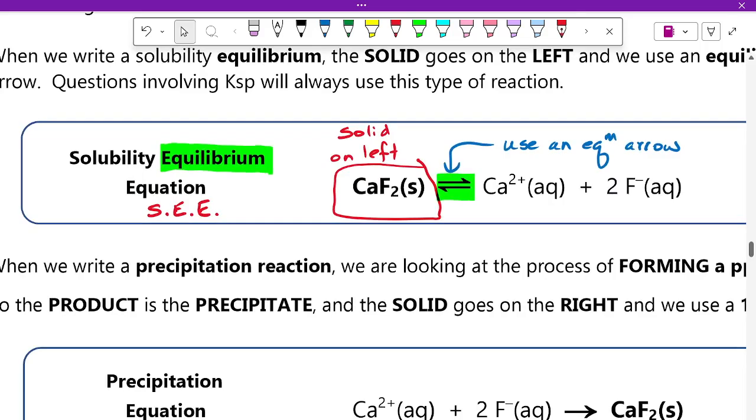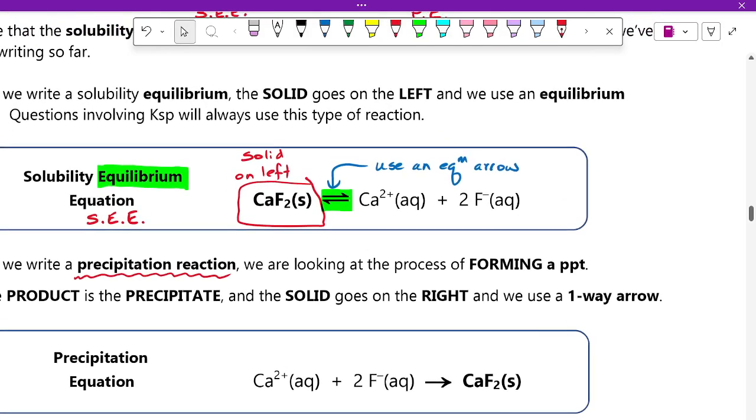When we were writing the precipitation equations, when you write your equations on your quiz on Thursday, where did you put the solids? Was the precipitate the reactant or was the precipitate the product? The precipitate is the product. Okay, in a precipitation reaction, we are forming a precipitate.